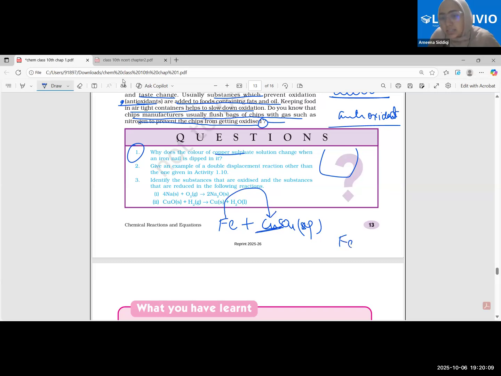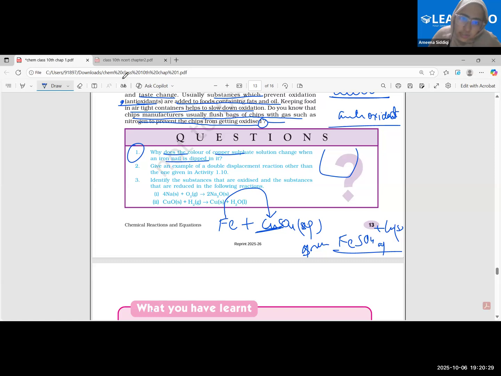We will get FeSO4 aqueous plus copper in the solid form. Therefore, the color of this ferrous sulfate solution is green. Therefore, the color changes. Okay. Is it clear? Yes, ma'am.